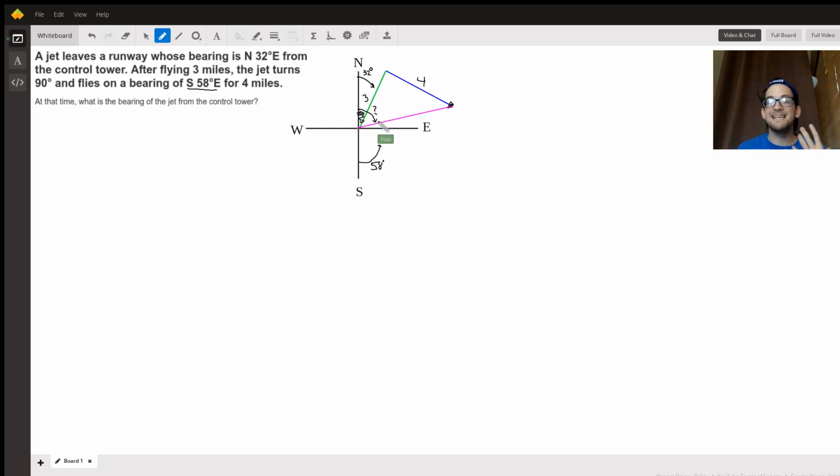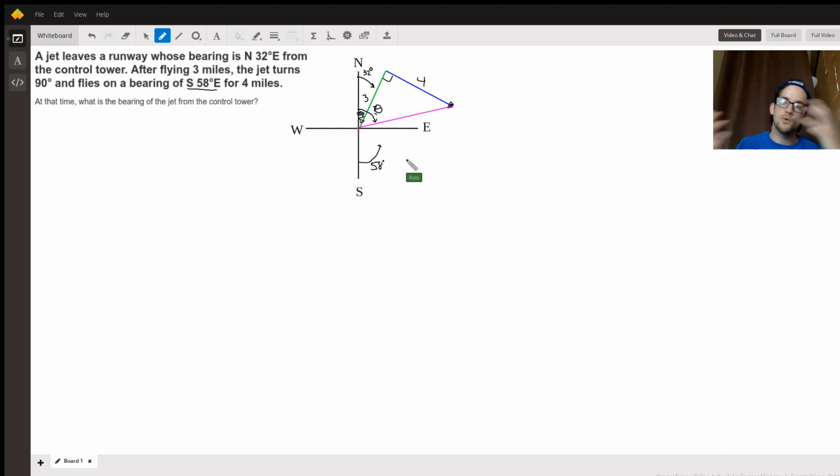There's not really any easy way to do that, but luckily we were told that the plane turned at a 90-degree angle, which makes this a right triangle. A lot of the basis for calculus is trigonometry, so that's how we can answer this question. I'm going to call this angle, instead of question mark, theta, a common variable for angles.